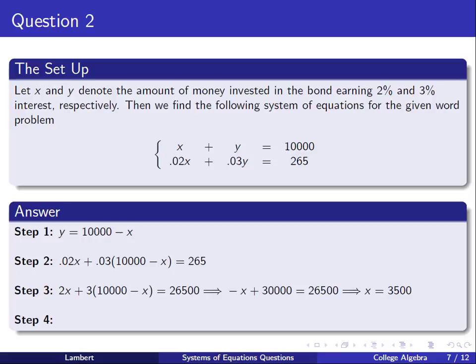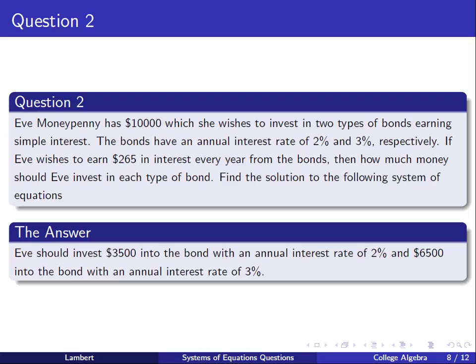So y equals 10,000 minus x, that's 10,000 minus 3,500, and that gives us 6,500. I suggest you go back and check this, but at the end of the day, what this tells us is Eve should invest $3,500 into the bond with an annual interest rate of 2% and $6,500 into the bond with an annual interest rate of 3%, giving us our final amount that we're looking for.